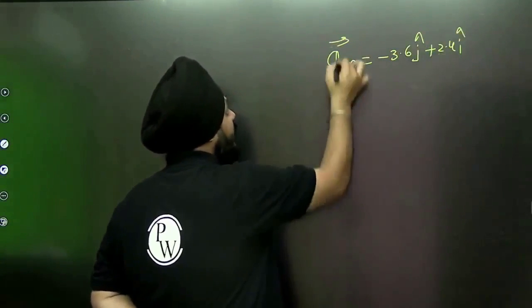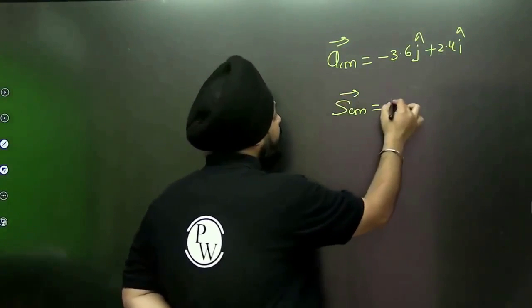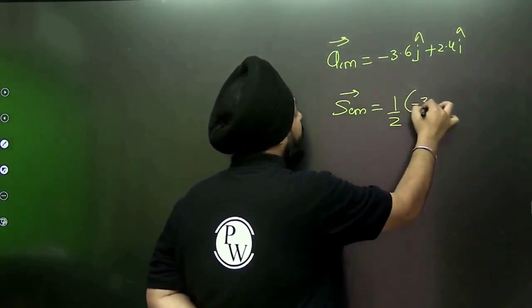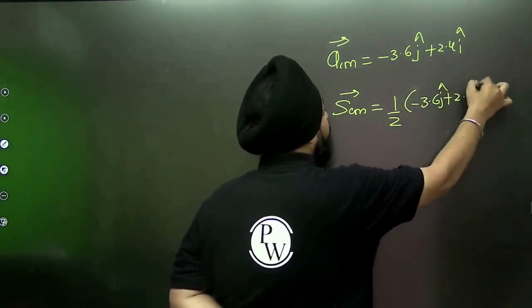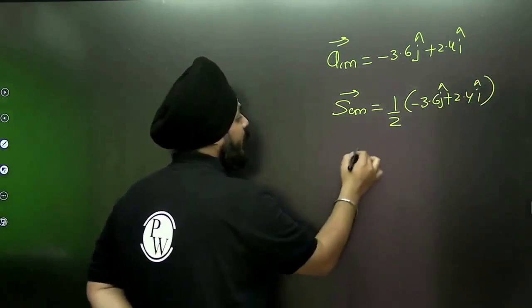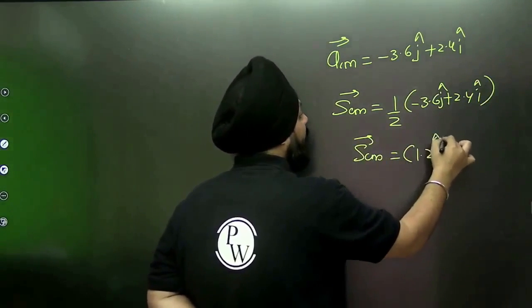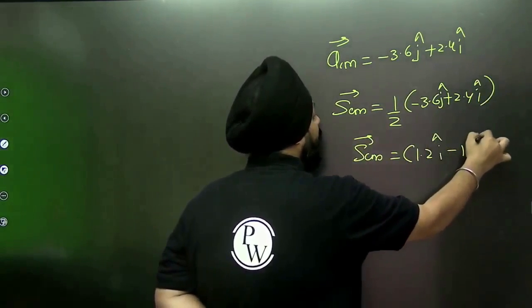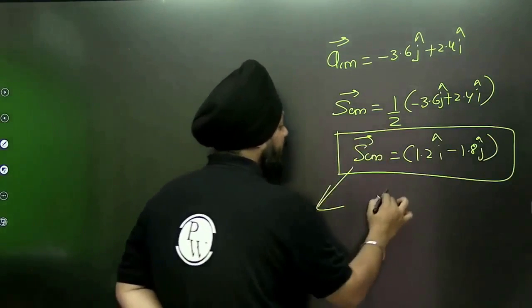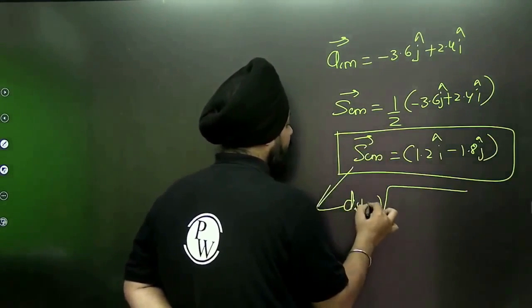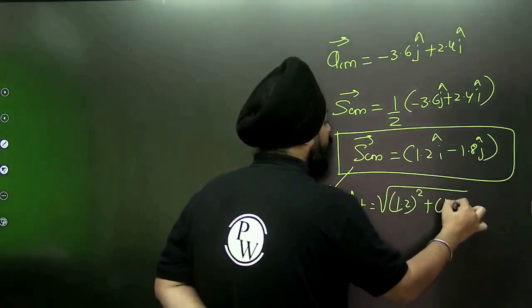In 1 second, the displacement vector, initial velocity is 0, is half of negative 3.6 j plus 2.4 i into t square, which is 1. So the displacement vector we are getting is 1.2 i minus 1.8 j. This is the displacement vector for the center of mass. Magnitude of this is the distance, that is square root of 1.2 square plus 1.8 square.